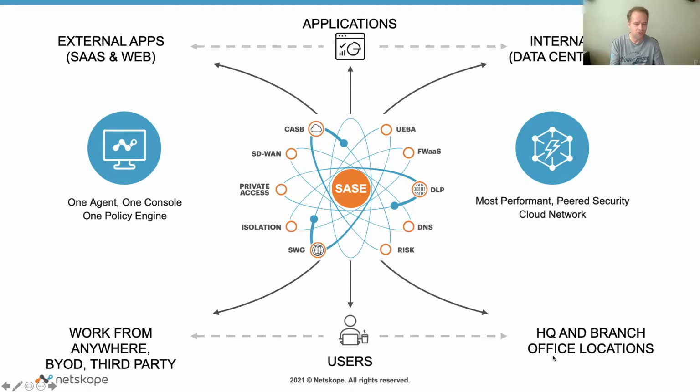With New Edge, on our globally distributed network, you're within 15 milliseconds of virtually most of the world's population. So anytime, any place, or any location your employees are, as they're accessing cloud applications, websites, or internal applications, they're going to get fast and secure access thanks to our unification of security services running on our globally distributed, highly performant edge network.